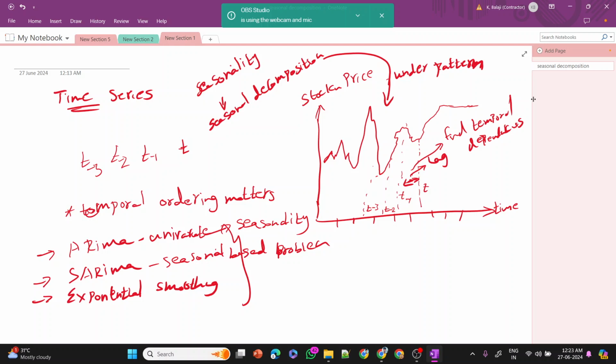And there is also another technique used in time series problems, which is windowing.